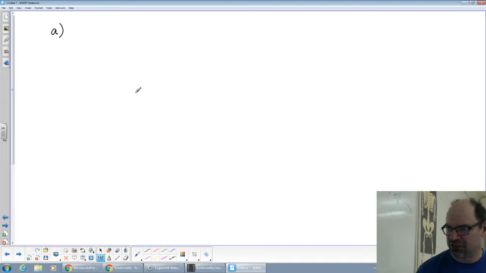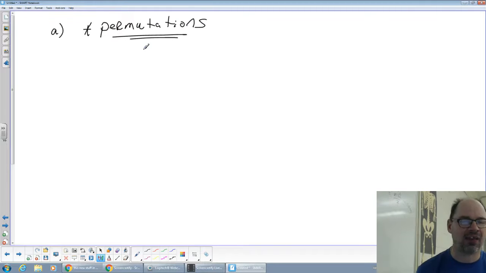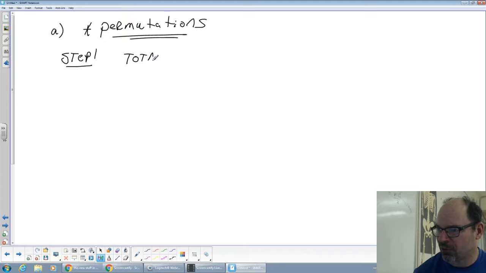So this is permutations, first of all, because with a password, the order of the letters and the digits does matter in how you type them in. So that's the first thing, so that you know you're going to use permutations. The first step is that you have to find the total number of passwords possible.